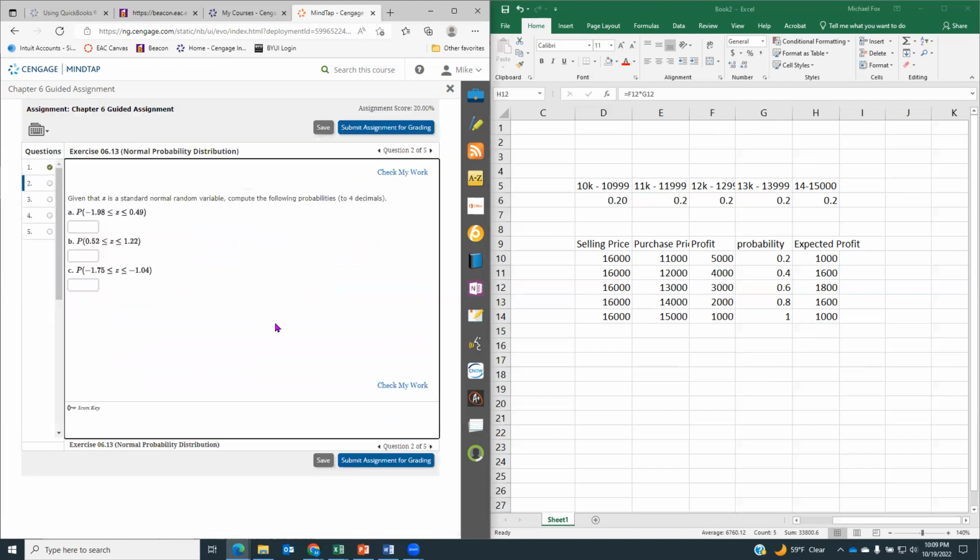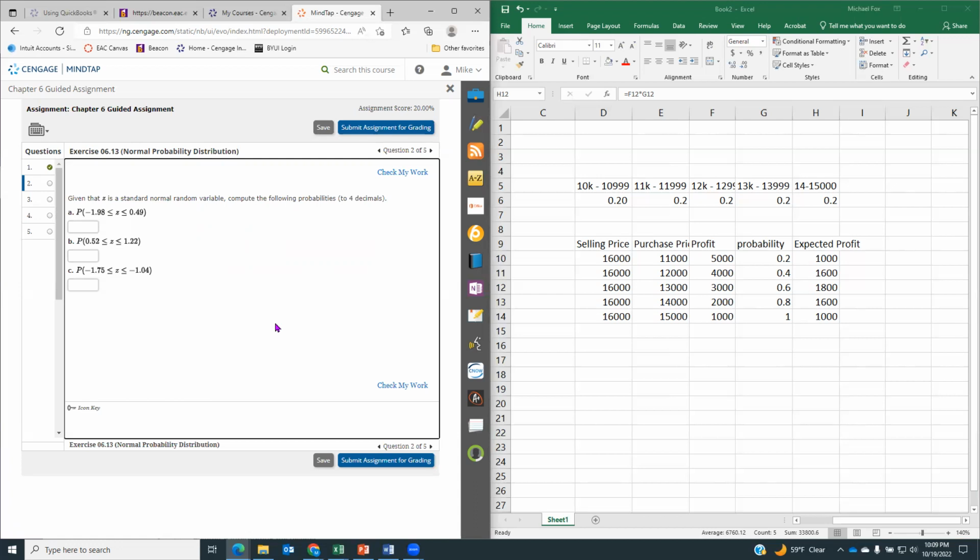All right. So the second problem is a normal probability distribution. It says, given that Z is a standard normal random variable, compute the following probabilities. So remember that standard normal distributions mean that we're using Z as our units, okay? And Z is standard deviations away from the mean.